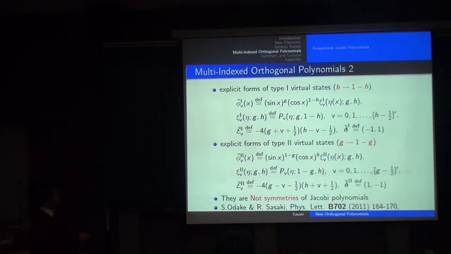It will be like this. So if the degree is less than h minus 1/2, this is definitely negative. And when you do the same thing, g to 1 minus g, the energy is this. So if v is less than g minus 1/2, the energy is negative. And you can also verify they have no zeros in between.